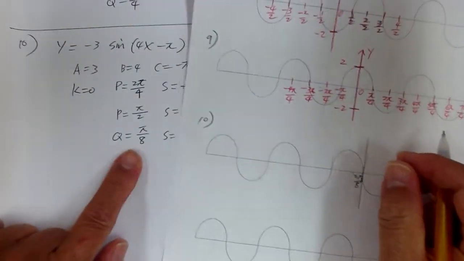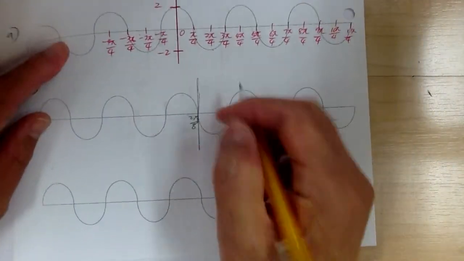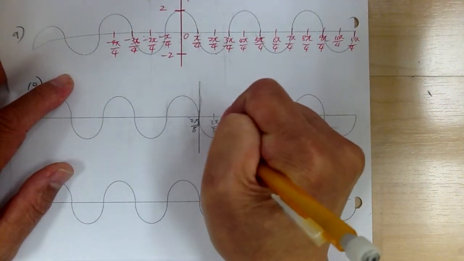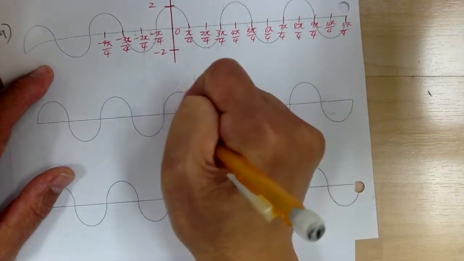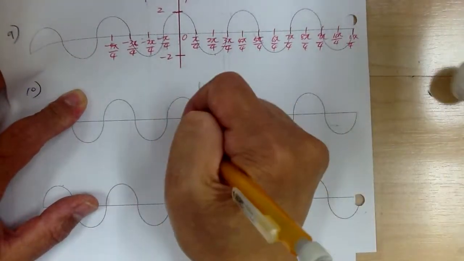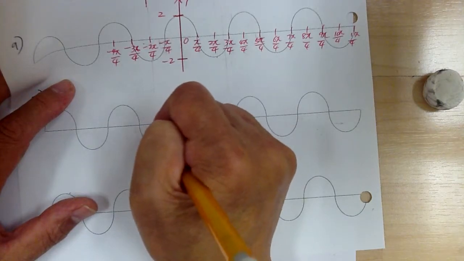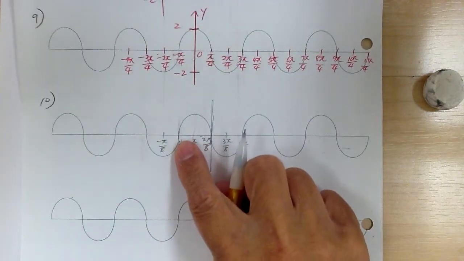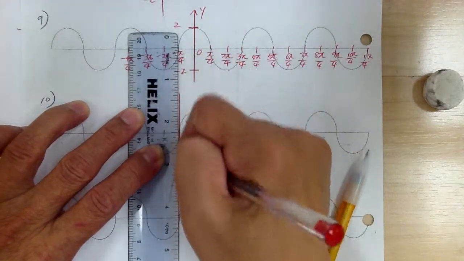And you have to go every pi over 8 for your quarter measurement. So this would be 3 pi over 8, 4 pi over 8. And when you go backward, this would be positive 1 pi over 8, and this would be a 0 and negative pi over 8. So by doing this, we can locate where the axis is supposed to be.